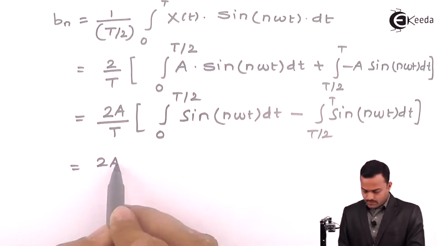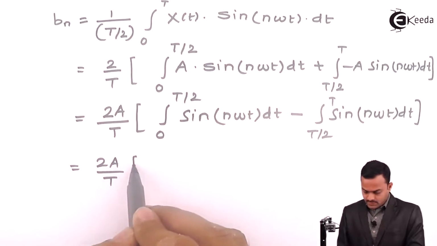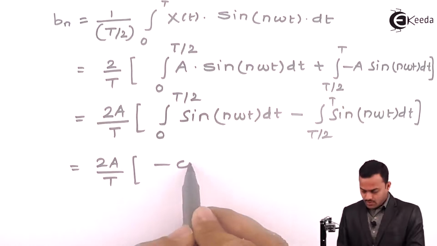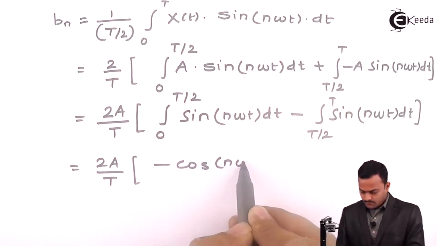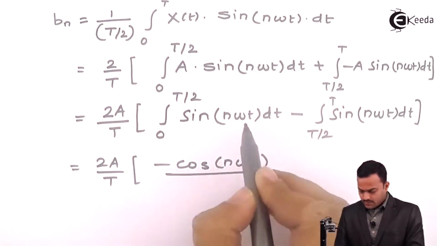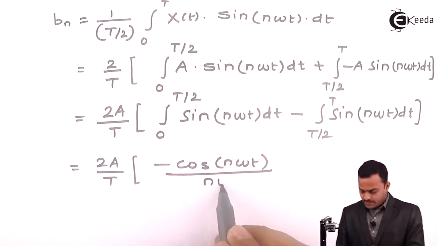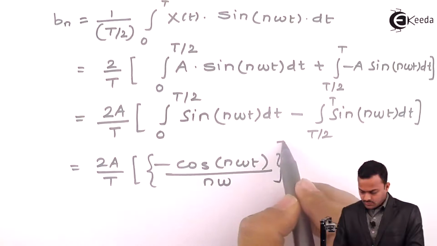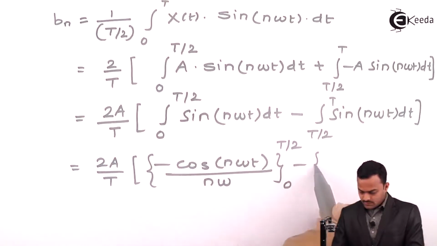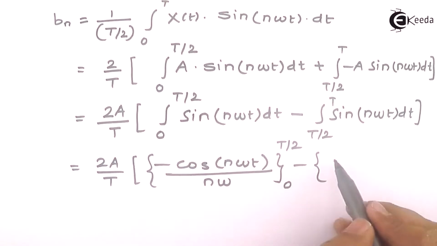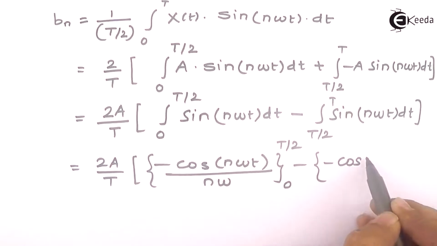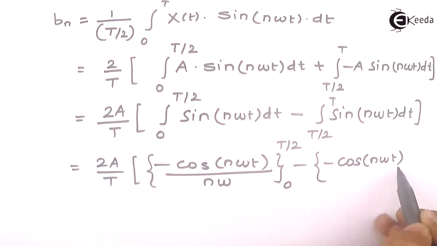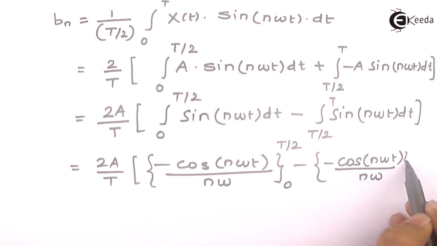Now 2A by capital T, integral of sine is minus cos divided by the derivative of this term, which is n omega, and the limits are 0 to T by 2, minus, once again integration of sine is minus cos, derivative n omega with limits T by 2 to T.